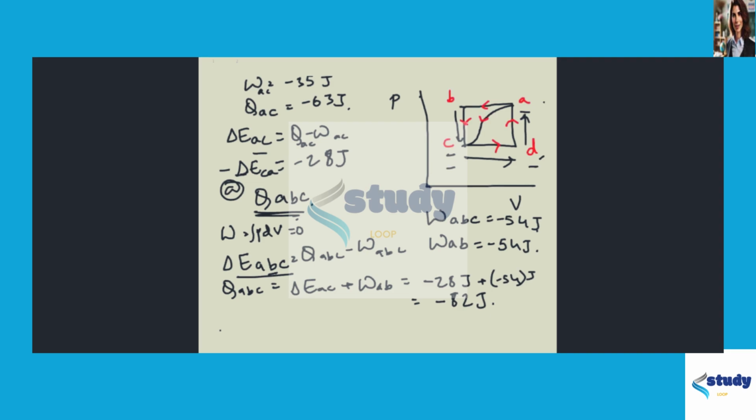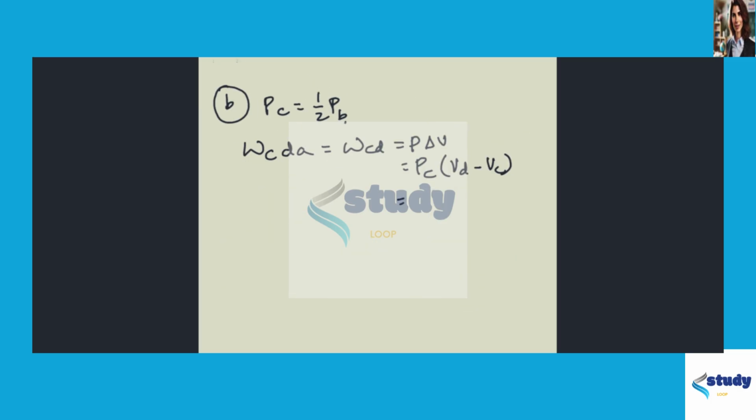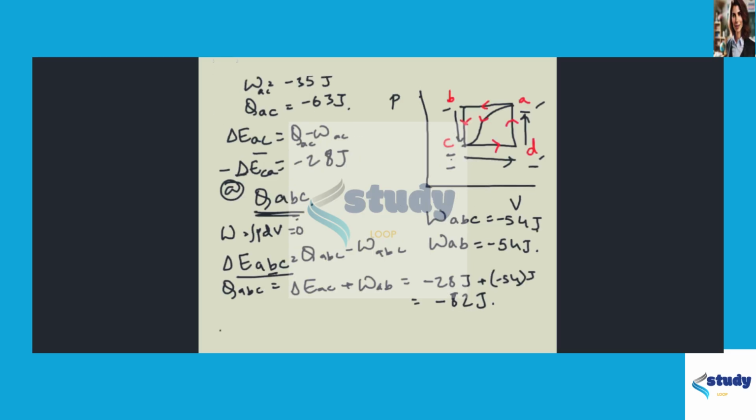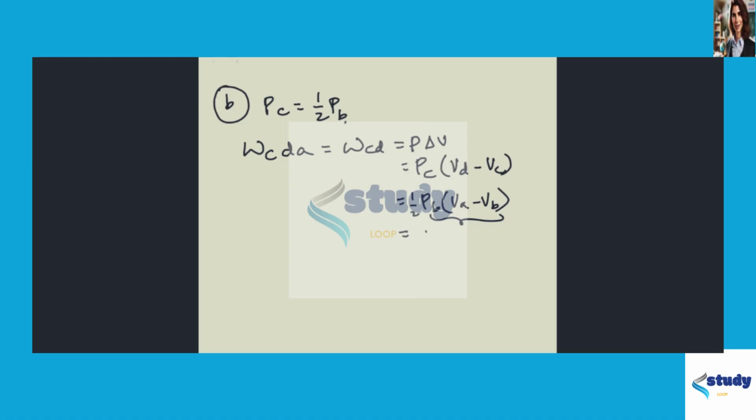But also notice that V_D is equal to V_A and V_C is equal to V_B. Also notice that P_C is half P_B, so that's half P_B times V_D minus V_C, which can be written as V_A minus V_B. If you notice, this is the work done during process AB, half W_AB, which is, as we saw, half W_ABC.